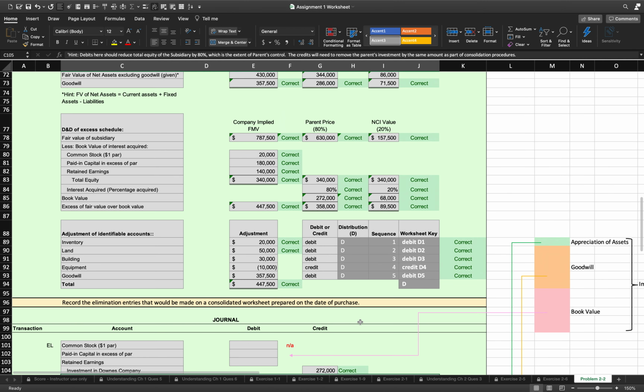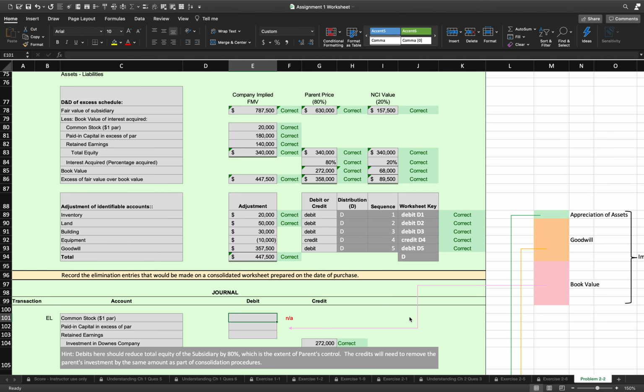So if we chip away at the book value first, 272,000, that will be this portion of it. That's what we're going to eliminate initially, and you'll see it come together towards the end. So for now, just trust me on this, that you want to get rid of the book value first. So we'll make that elimination entry 1 EL, and we'll reduce the investment in Downs by that amount.